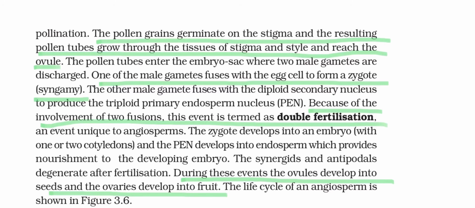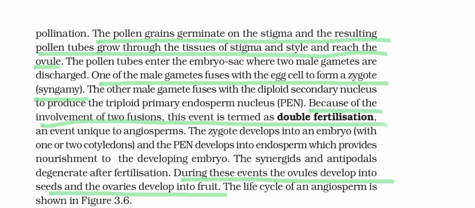Now if we consider the female reproductive part, it is present in the centermost portion of the flower, and the unit of the female reproductive part is the carpel. Carpel is also known as pistil.